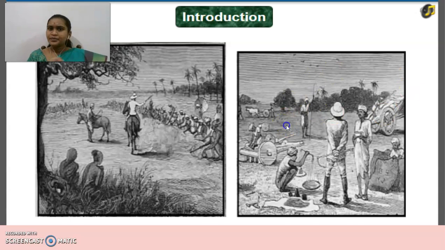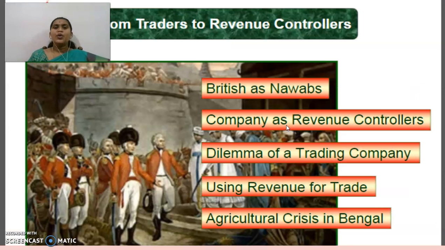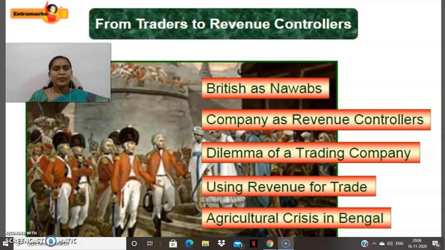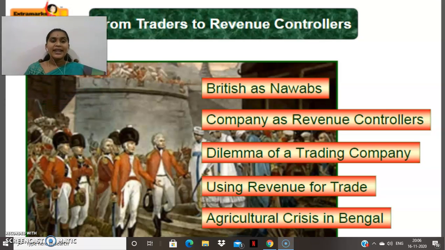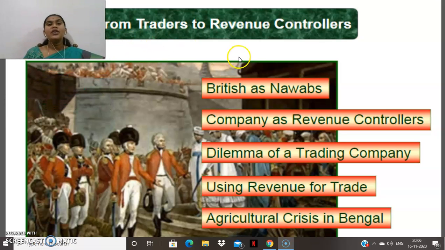Yes. In this chapter we'll be studying from traders to revenue collectors. They came as traders to our country.